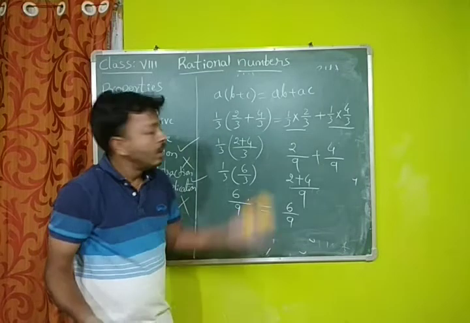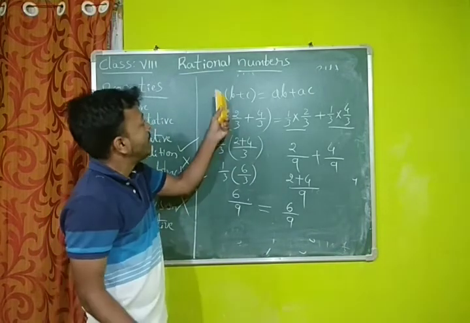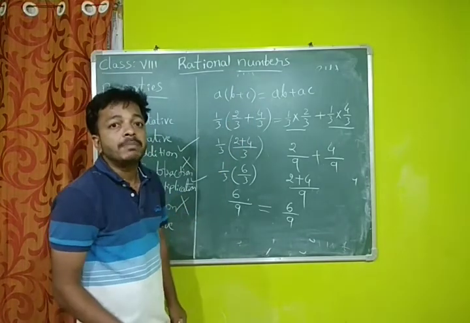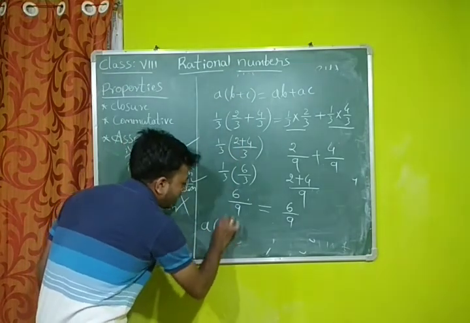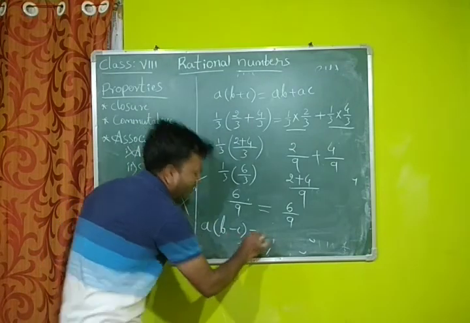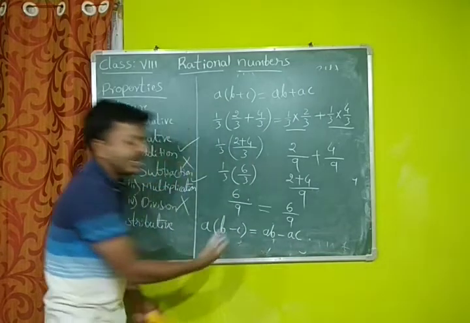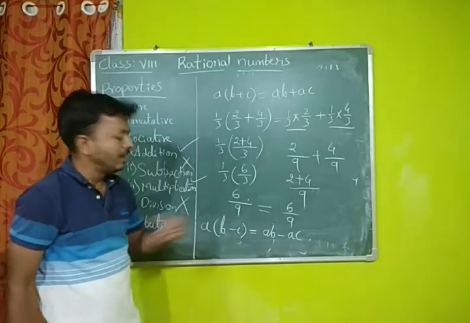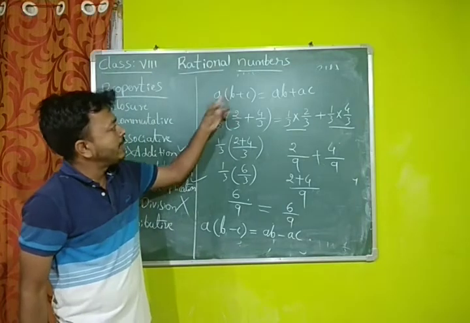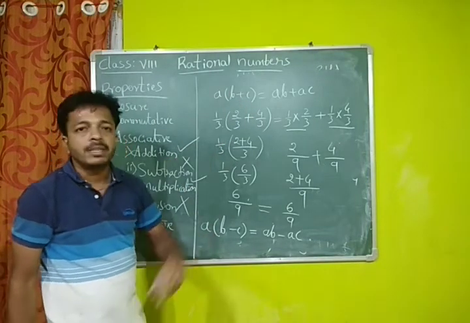And in the same way we have to check multiplication over the subtraction. Multiplication over the subtraction means A bracket B minus C equals AB minus AC. We can check this also in the same way. In the place of plus, you can write minus. This is multiplication over the addition; this is multiplication over the subtraction.